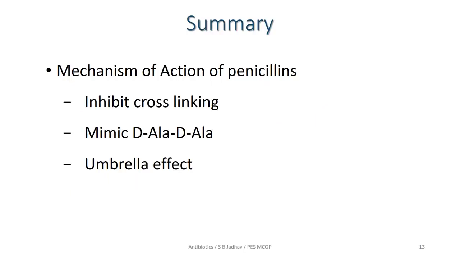So now we have seen the various theories of mechanism of action of penicillins by which it inhibits the peptidoglycan synthesis, that is either by inhibiting the cross-linking of peptidoglycans, or the second theory is mimicking the D-alanine, and the third theory is by causing umbrella effect.